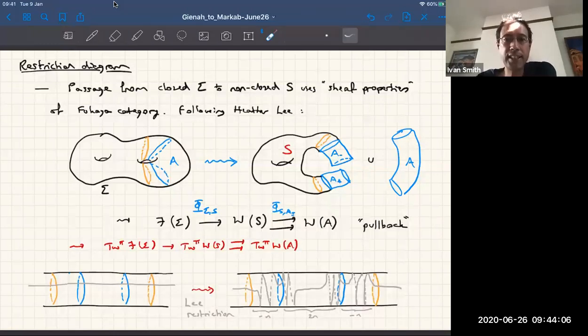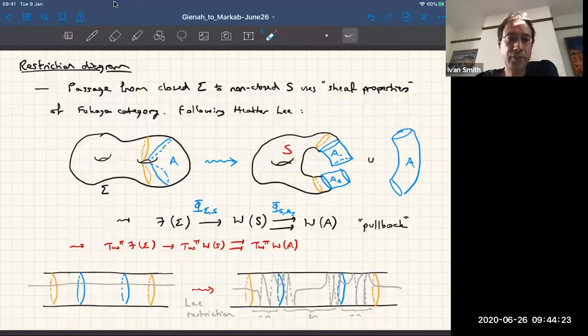And this idea was implemented very beautifully for the case of, in fact, very affine Riemann surfaces by Heather Lee, but her technology adapts to give a description for Fukaya categories of closed surfaces.